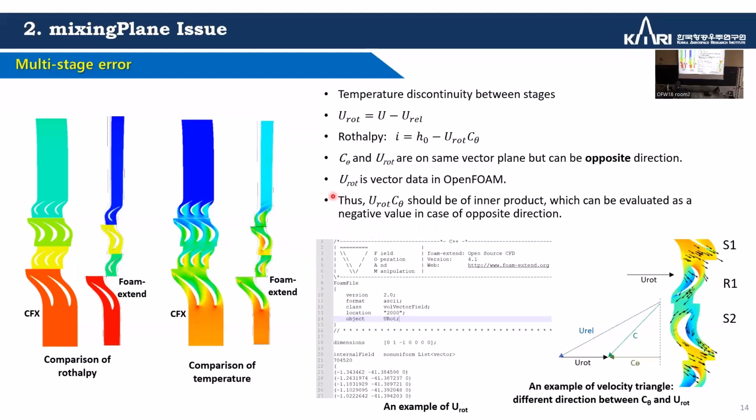But I saw the U rotation data, and it is composed of vector data. Which means that U rotation multiplied by C theta or U theta should be an inner product, not a scalar product.